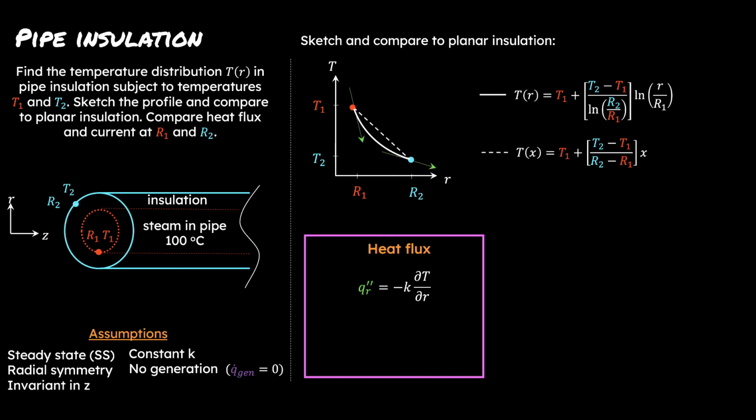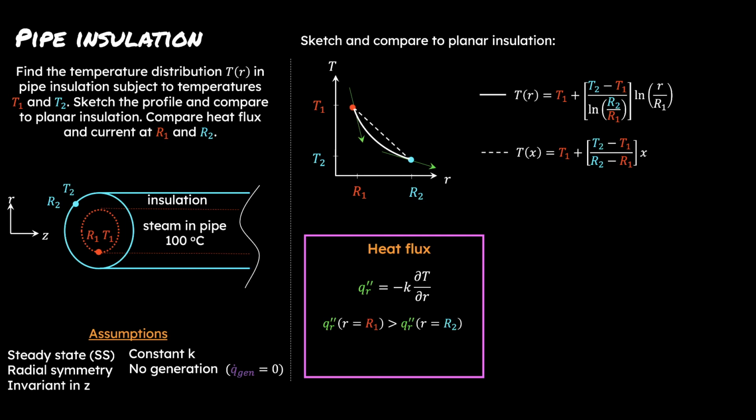And we can see on this plot up top what this looks like. So it's the gradient here which is controlling the magnitude of the radial heat flux. At r₁, the heat flux is larger because there is a steeper gradient there. While at r₂, we have a smaller slope, and hence the heat flux will also be smaller.